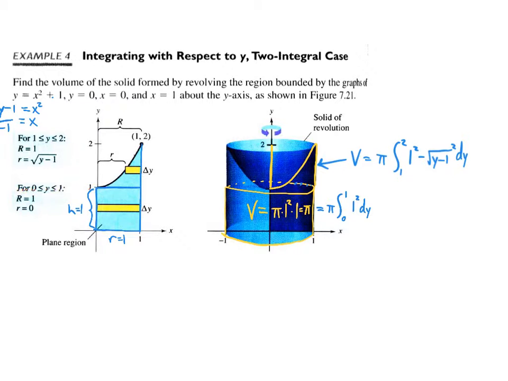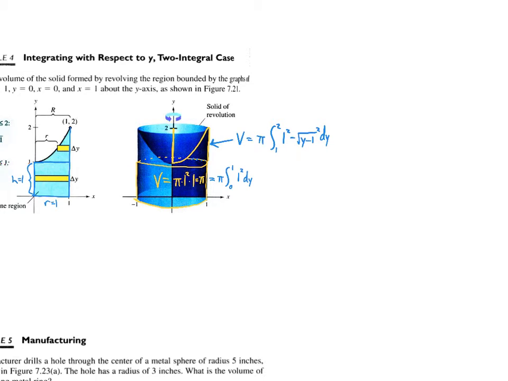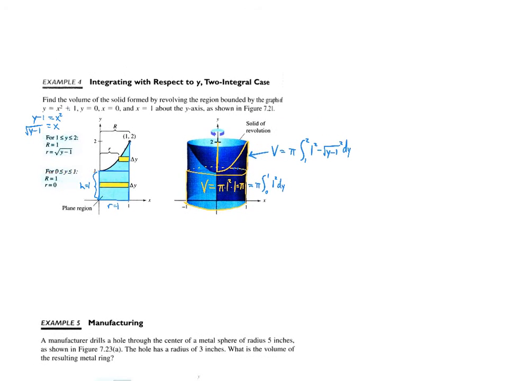Okay? Does everyone understand how we set that up? What questions do we have? So for when you have the square root of y minus 1, back when we were trying to isolate x, it doesn't matter if you choose a positive square root of y minus 1 or a negative square root of y minus 1?